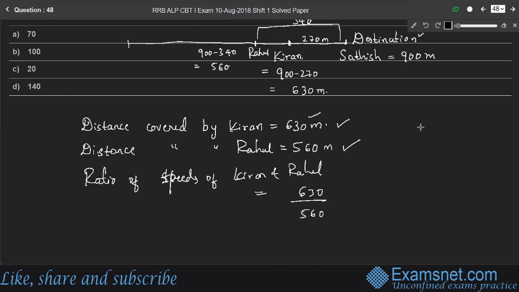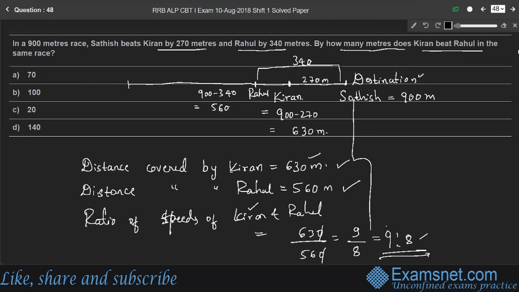Because speed is directly proportional to distance, right? Therefore, 630 by 560. So here 7 into 9 is 63, 7 into 8, right? So the ratio of their speeds is 9:8. Right? So that means if Kiran covers 900 meters of distance, Rahul can cover 800 of distance, right?